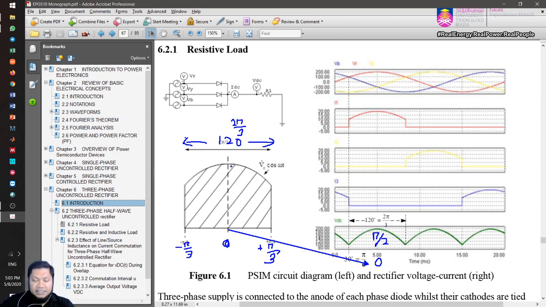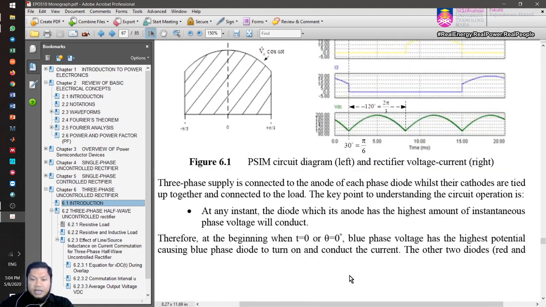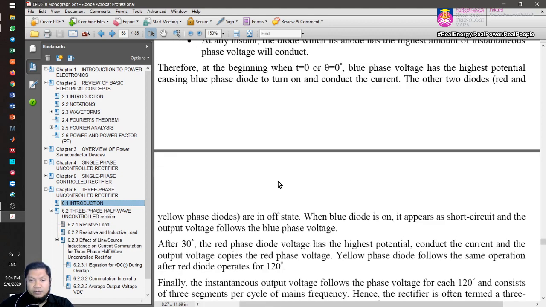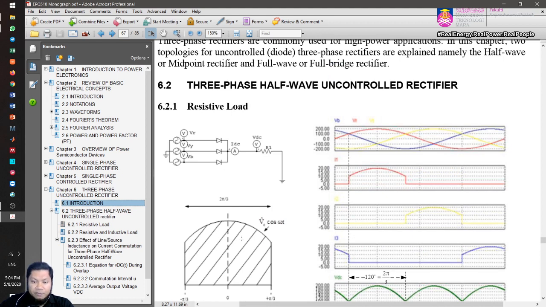So we just consider this waveform. Now we integrate to get the area under the curve, and then divide by 2 pi over 3. So VDC equals 1 over 2 pi over 3, since we divide by 120 degrees, and the integration now goes from minus pi over 3 to plus pi over 3.